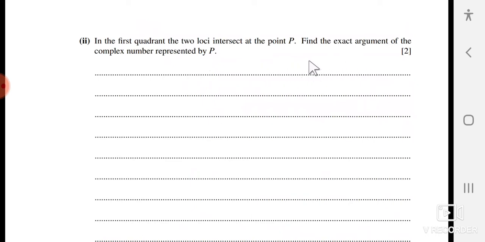Find the coordinates of P, plot it, and then use the rule theta equals tan inverse of the imaginary part over the real part, that is, y coordinate over x coordinate. This way you will have the exact argument.